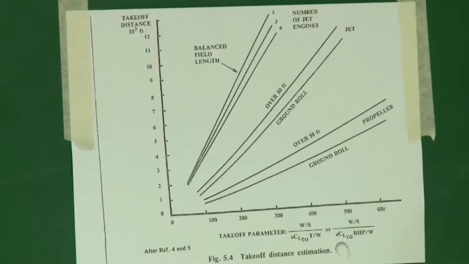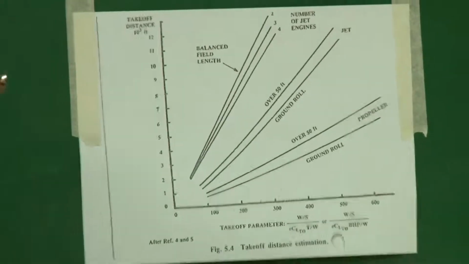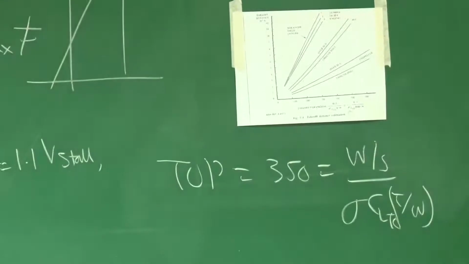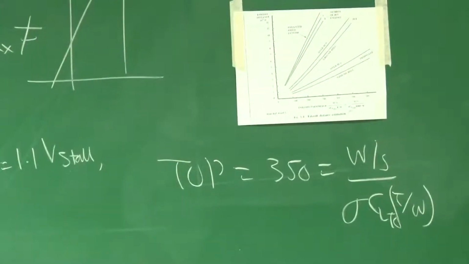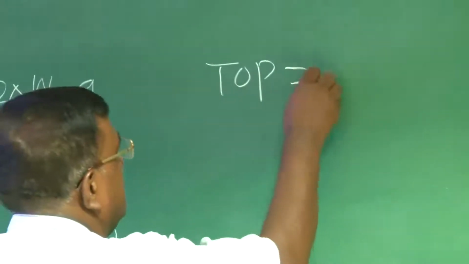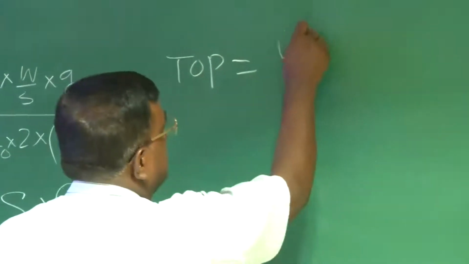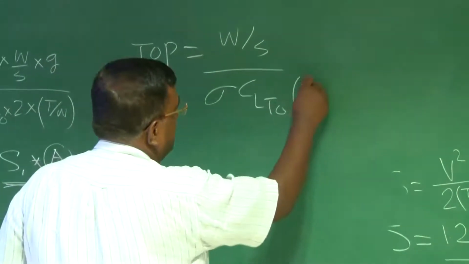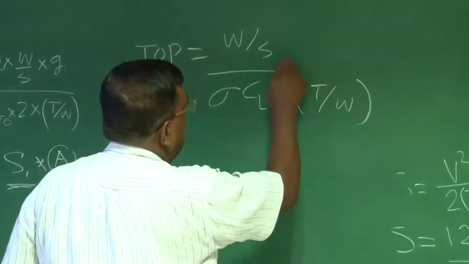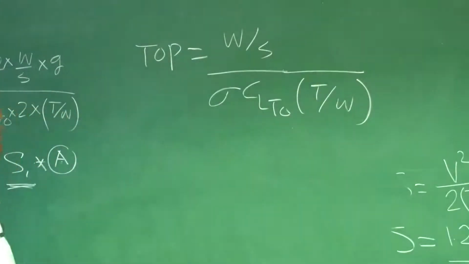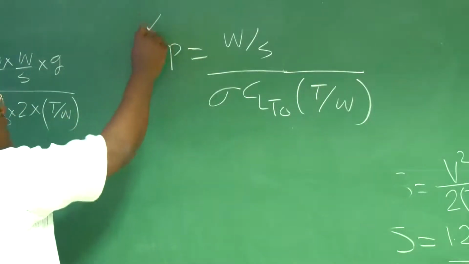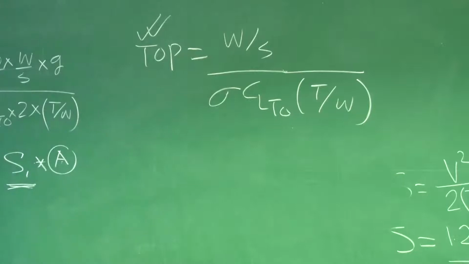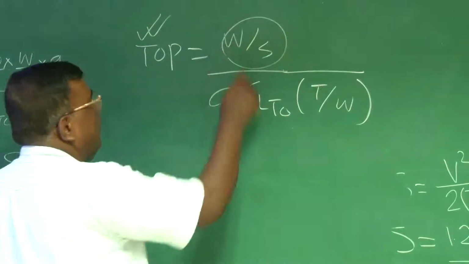And once you get that number, you equate this with W by S, sigma CL takeoff into T by W. So takeoff parameter equals W by S, sigma CL takeoff into T by W. This I have picked from historical data. My aim is to find out what is W by S.